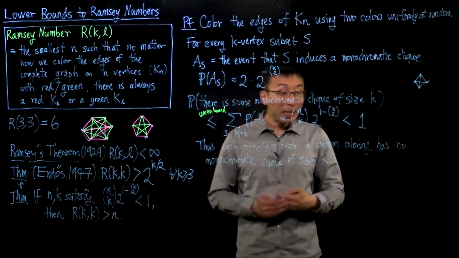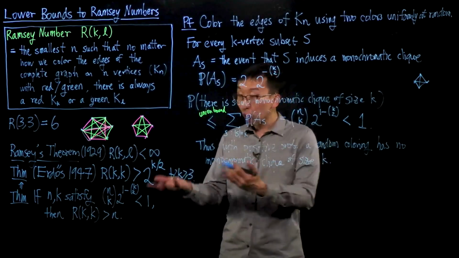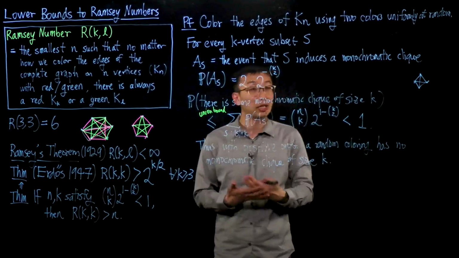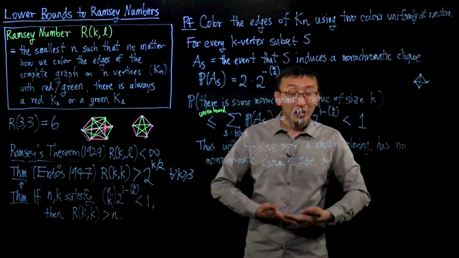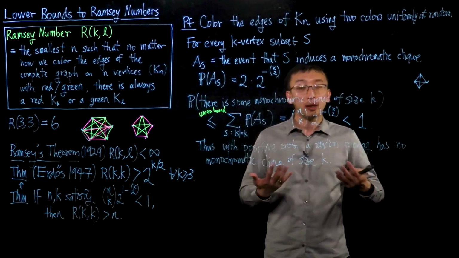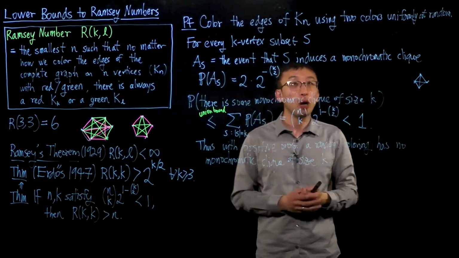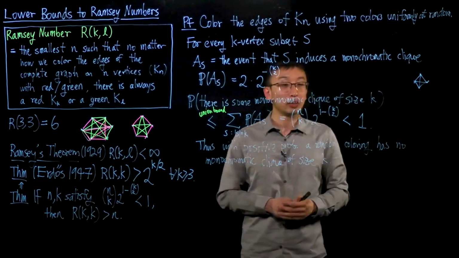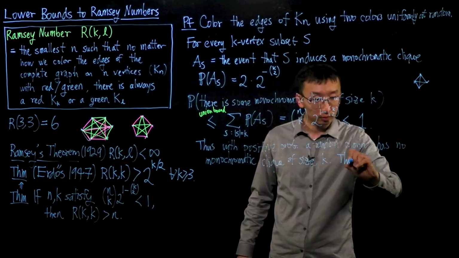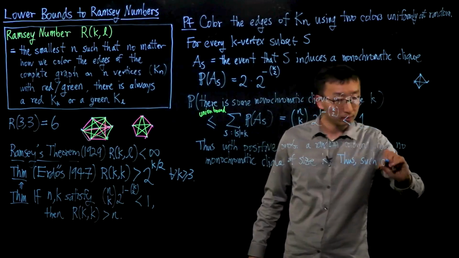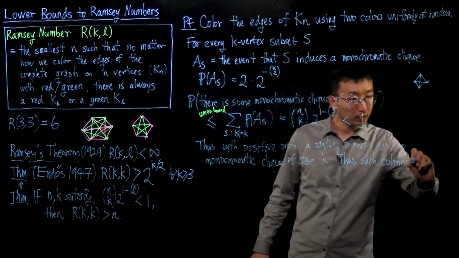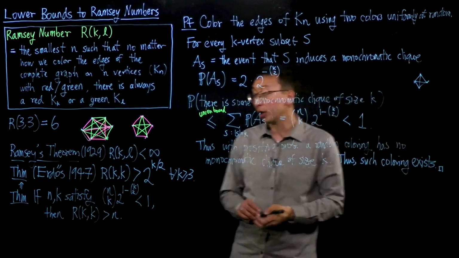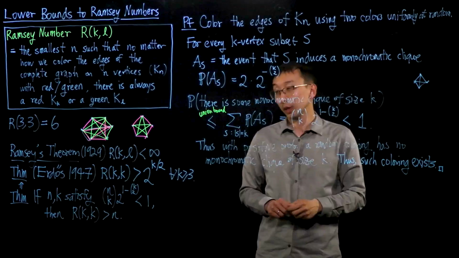And that's basically what we are trying to do. We are trying to demonstrate the existence of a coloring with no monochromatic clique of size k, and we show that, in fact, by doing everything at random, the random coloring succeeds with positive probability. And therefore, such an object must exist. Thus, such a coloring exists. And this finishes the proof of this theorem that we were trying to demonstrate.